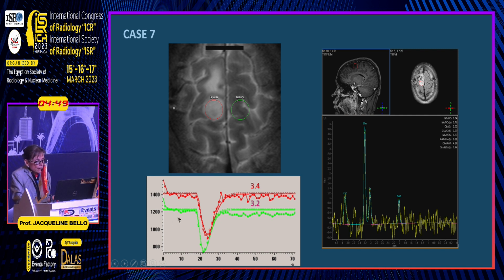The green graph is the contralateral corresponding anatomy in the hemisphere, 3.2. Very little help. Let's again turn to spectroscopy. Now look at the choline membrane turnover relative to the creatine and the markedly diminished NAA.